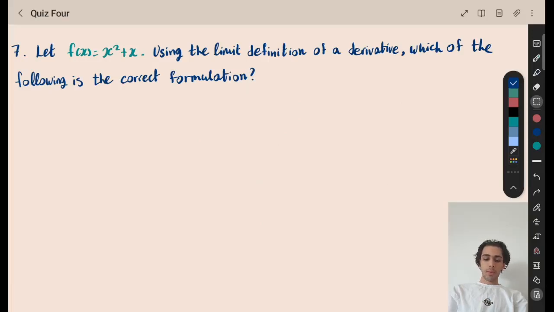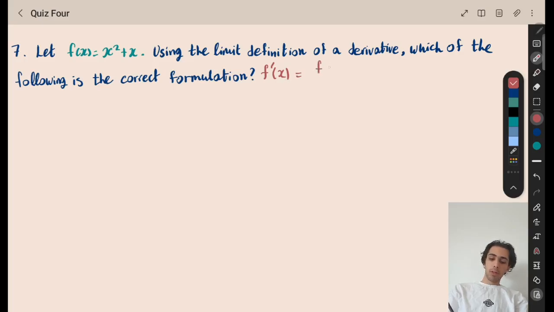So, more limit definitions of the derivative. That's good. I can write down the definition of the derivative of f at some point x.